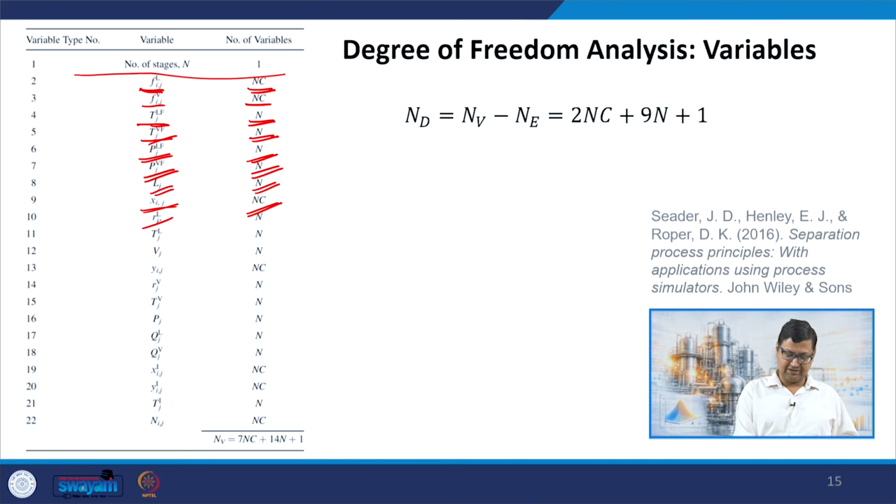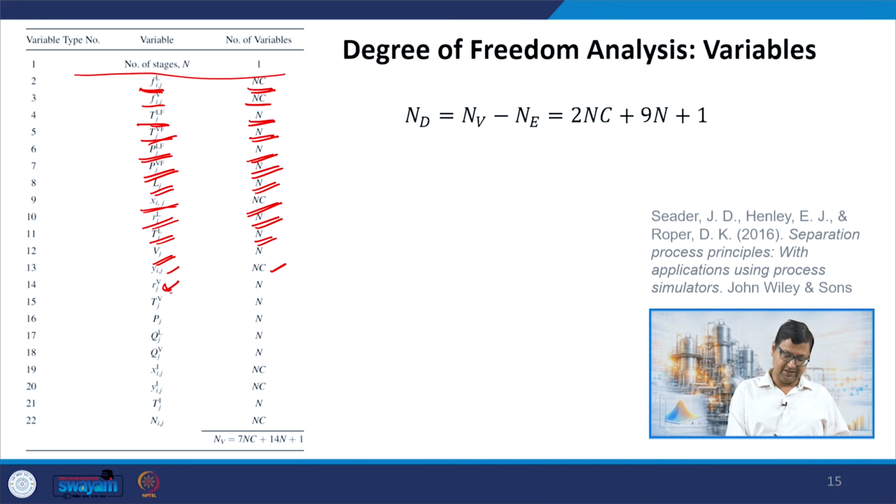Then we can define the ratio of the side stream Xij L. Then we can define the temperature of liquid in the stage J. Then we can define the vapor temperature, vapor molar flow rate leaving stage J. Then we can define the vapor mole fraction of all the components, again Nc variables.